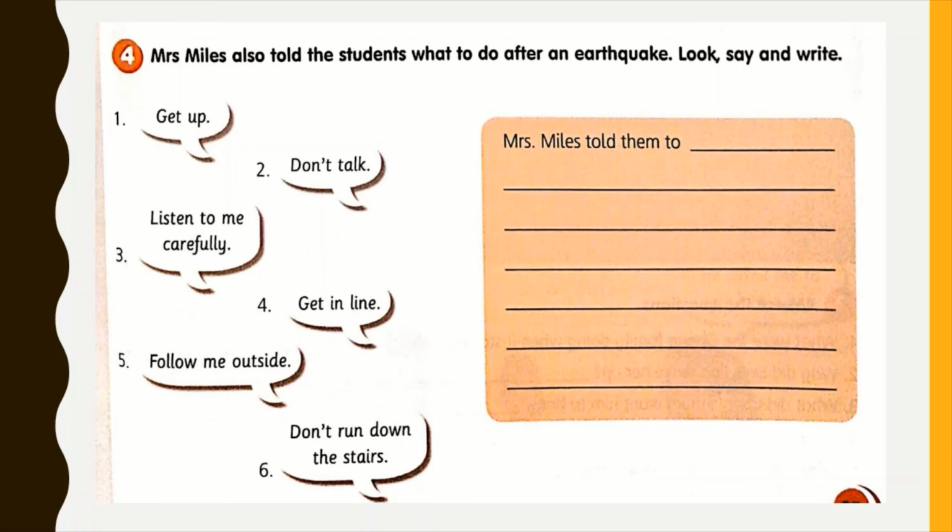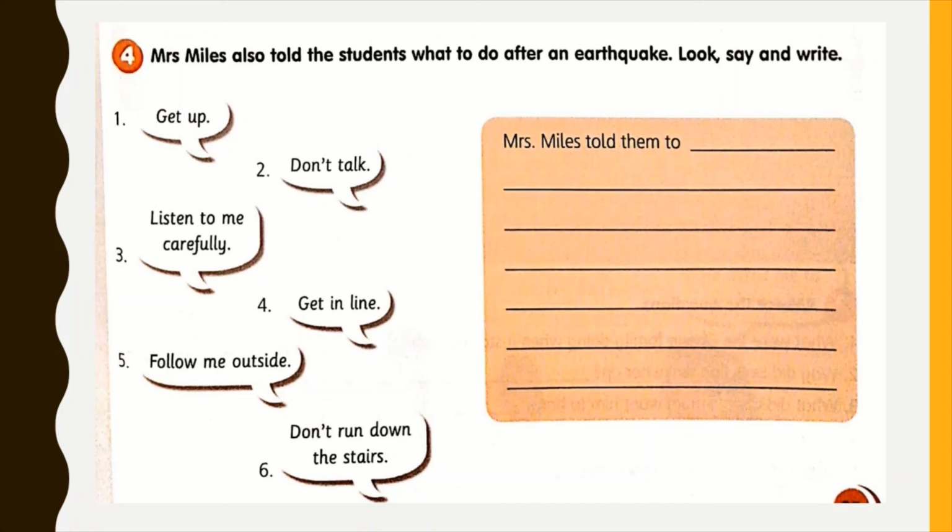This is an affirmative command, the one that we learned last time. If you remember, in this command we don't have the word not, so it's get up. Mrs. Miles told them to get up. Number 2, don't talk. Here we have a negative command.